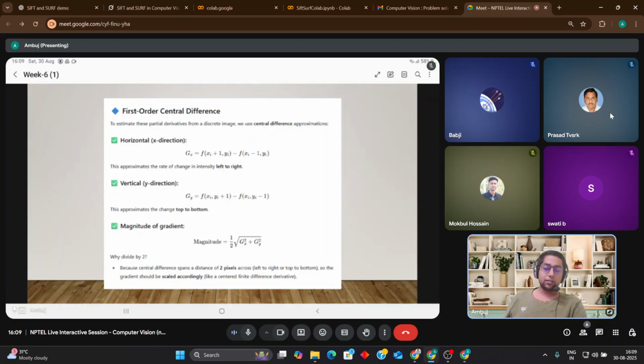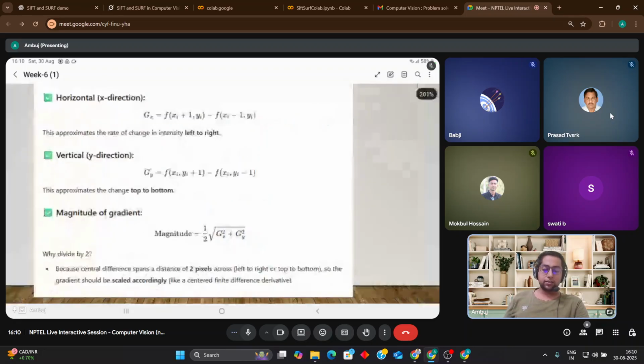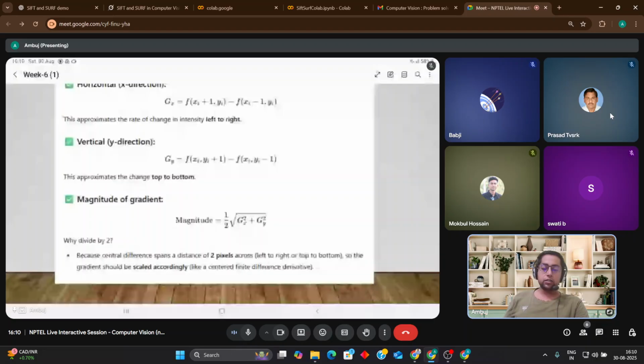In the vertical direction it would be f of xi, yi plus 1 minus f of xi, yi minus 1. The magnitude of the gradient would be the square root of gx squared plus gy squared, times half. We are dividing by 2 because the central difference spans a distance of 2 pixels, so the gradient should be scaled accordingly. This is the reason.